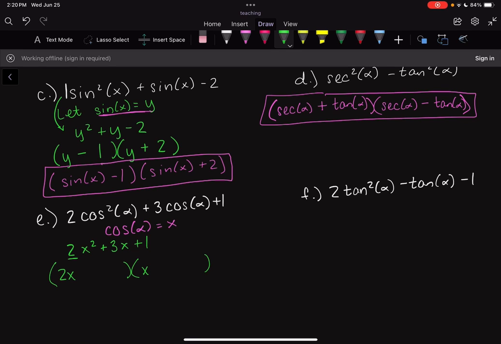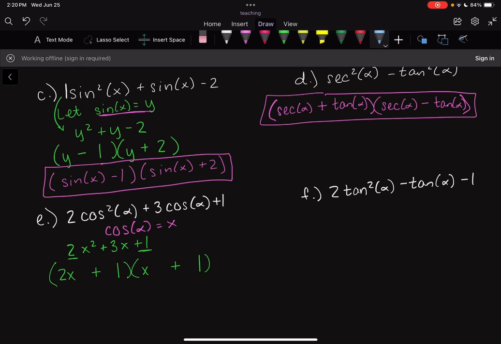Then I think about my last number. It's a positive 1. So I know they need to be the same sign, and the only two numbers that multiply to 1 are 1 and 1. And we said it was the same sign. If I'm adding to a positive 3, then they're both going to be positive.